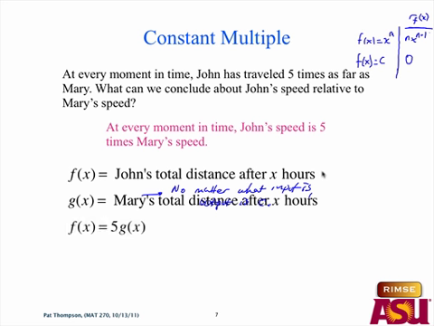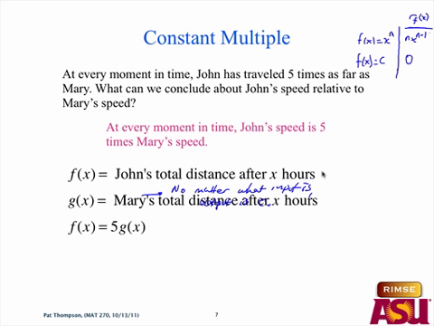Good job. Okay? So this conclusion now, at every moment in time, John's speed is 5 times Mary's speed. Can we write that symbolically? So the premise is he's going 5 times as far as her. So mathematically, how could we state that his speed is 5 times Mary's speed?